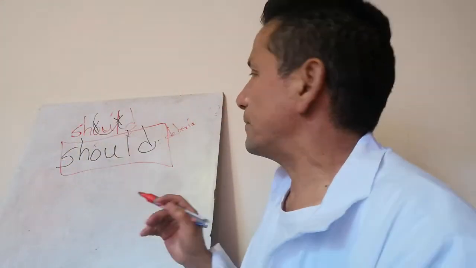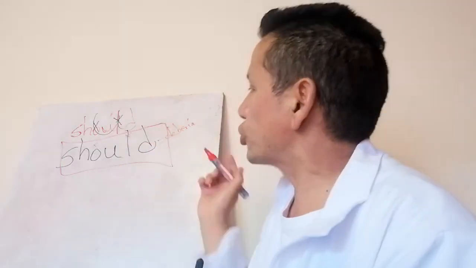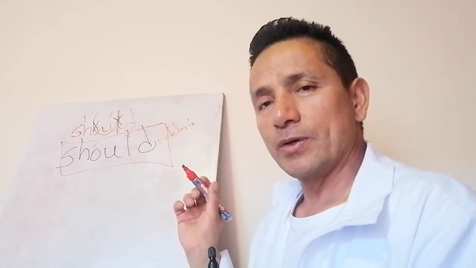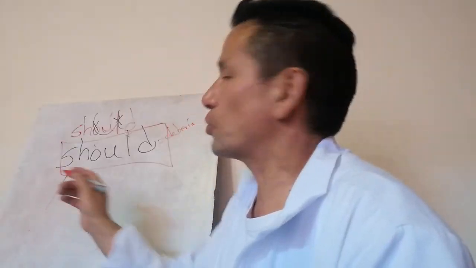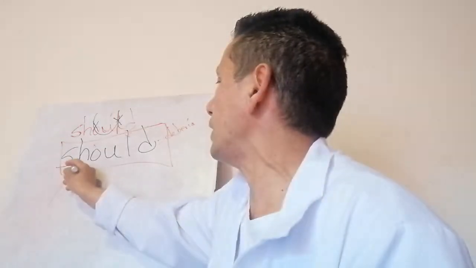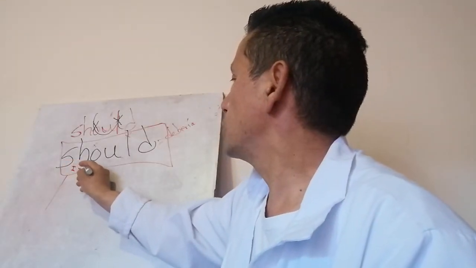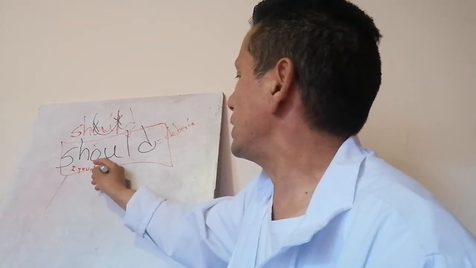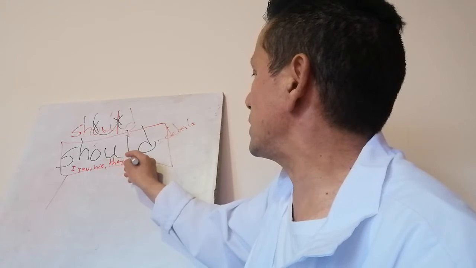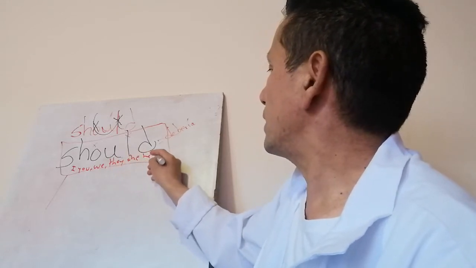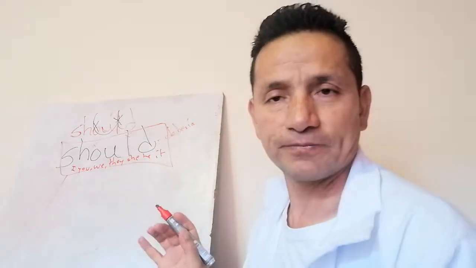Okay, and what you need to learn about should. We use should for all the pronouns. So we use it for I, for you, for we, for they, for she, for he, and for it.